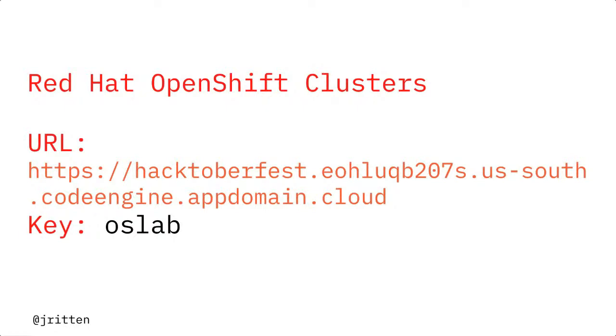The key is OS Lab, all lowercase, and then put the email of your IBM Cloud account that you're going to be using to follow along. So give you just a second for that.